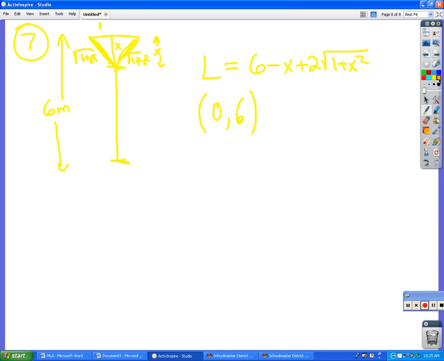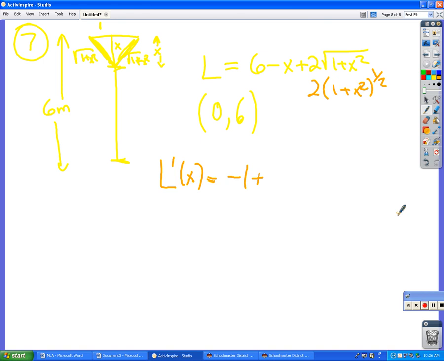Derivative. Make the derivative. So how do you do it? This is like 1 plus X squared to the 1 half, right?